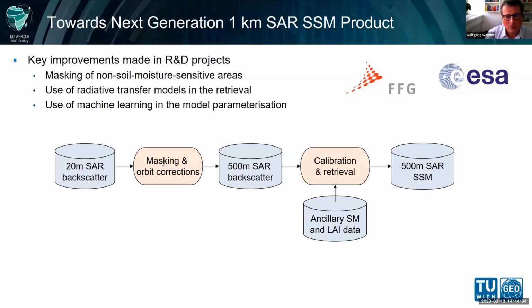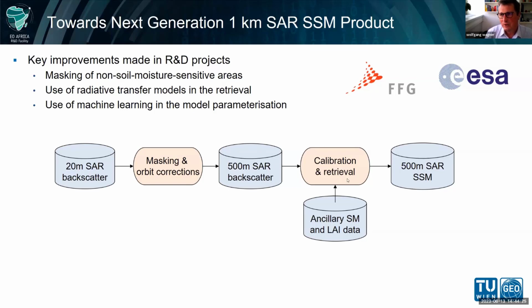We work on improved masking of the 20-meter data, so that we only consider measurements taken over pixels that show a sensitivity to soil moisture, ignoring areas like dense forest, urban areas, water areas, etc. So that we have an optimized 500-kilometer backscatter pixel.